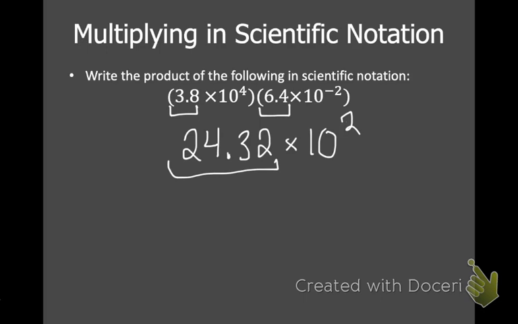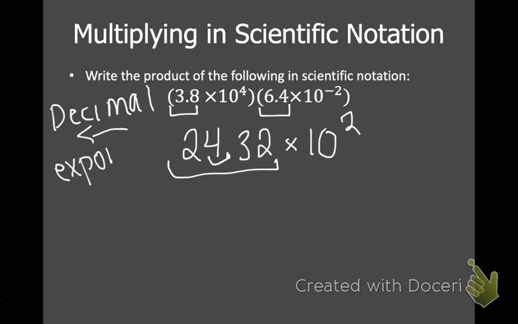So in order for it to be between 1 and 10, I need to move my decimal to the left. And when I'm moving my decimal to the left, my number is getting bigger. Okay, so you might want to make a note of this. Decimal, if I'm going to the left, exponent is bigger.